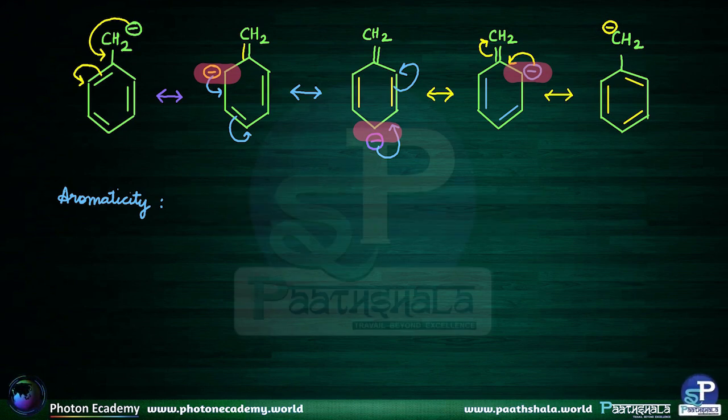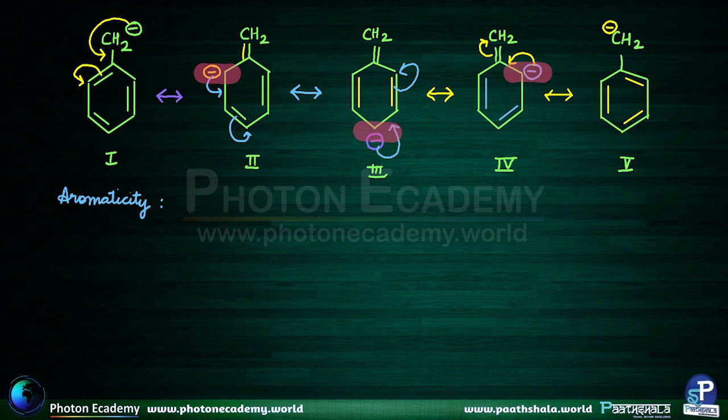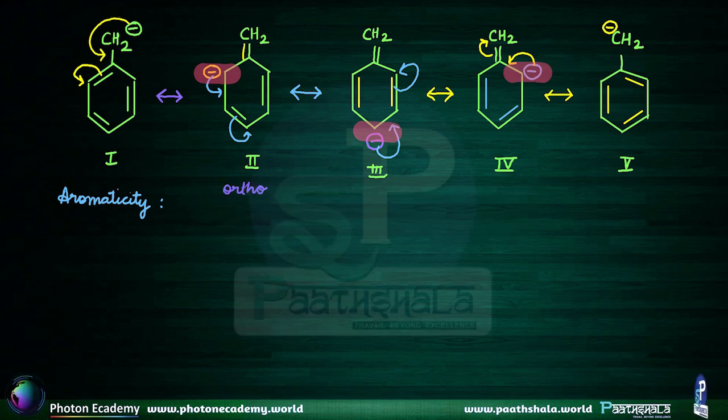Let us name the resonating structures 1, 2, 3, 4, and the fifth one. The resonating structures 2 and 4 have the negative charge at the same position, which is known as the ortho position. So here we have negative charge at ortho, here at para, and here again at the ortho position. This is the ortho position, the meta position, and this is the para position.